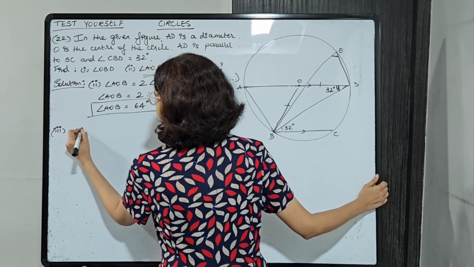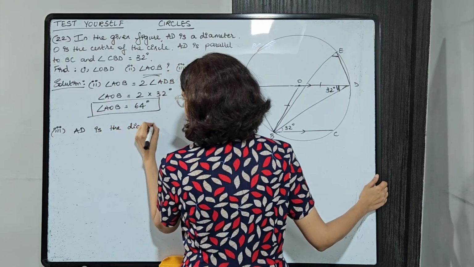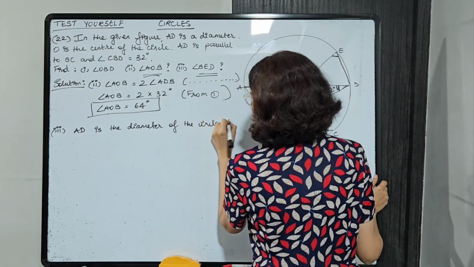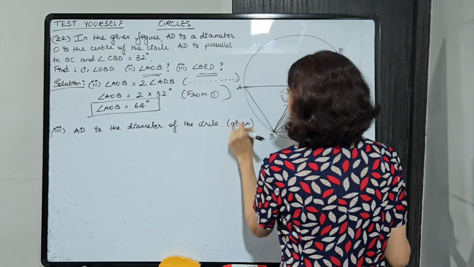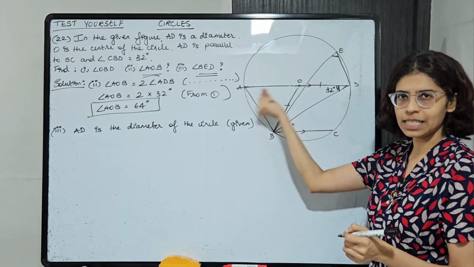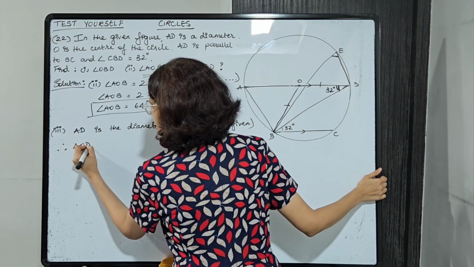So start by writing AD is the diameter of the circle. This is given. AD is a diameter, therefore I can say AOD is a straight line.